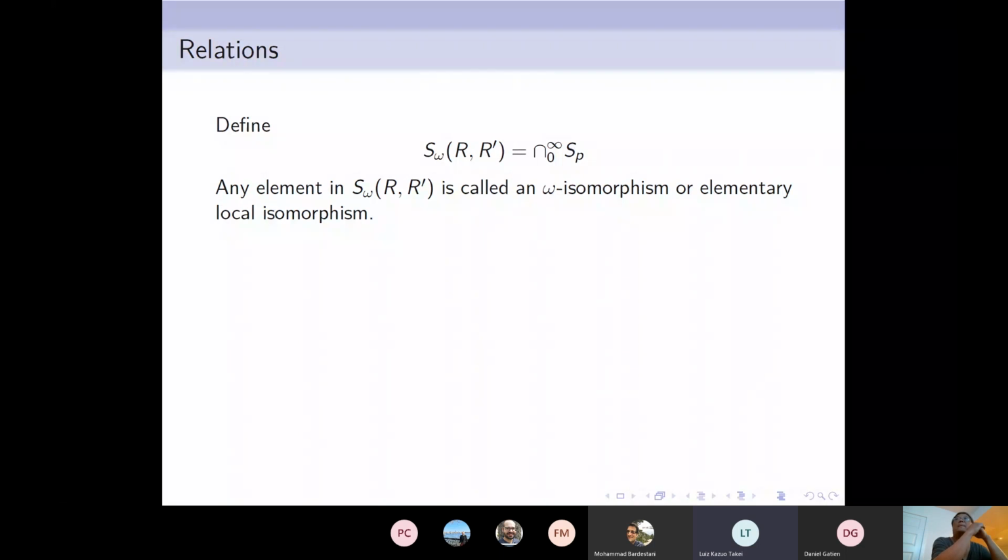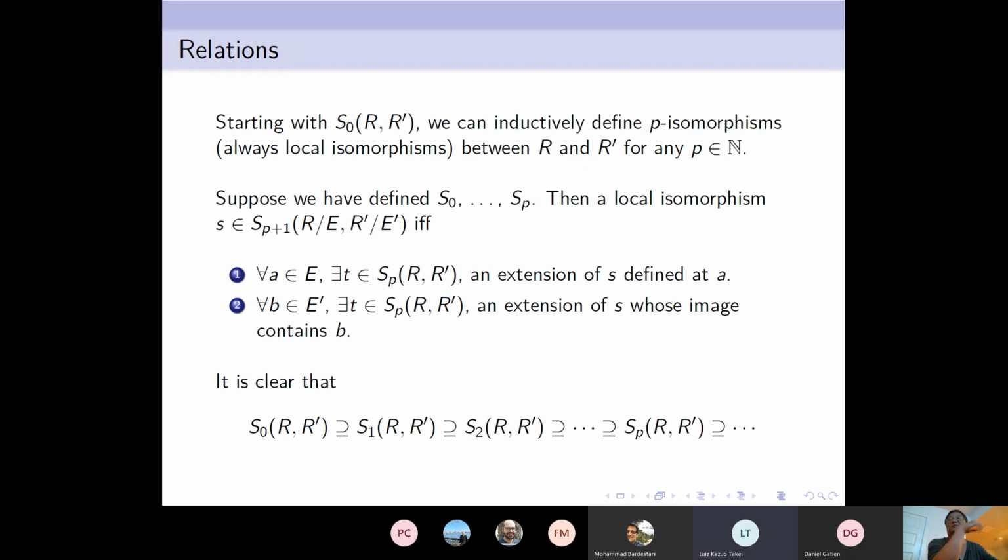I have a question still. Do you mind going back to the previous slide? This one, yeah. So the little s in S P plus 1, what kind of object is it? This is the local isomorphism for the two relations, R to R prime.